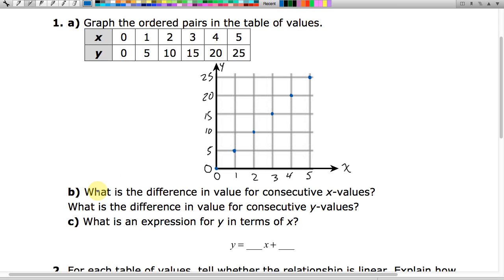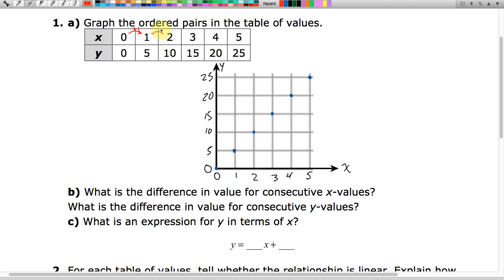The next thing it's asking is, what is the difference in value for consecutive x values? And so what we're talking about here is looking at how much x is changing. So going from 0 to 1, obviously that's increasing by 1.